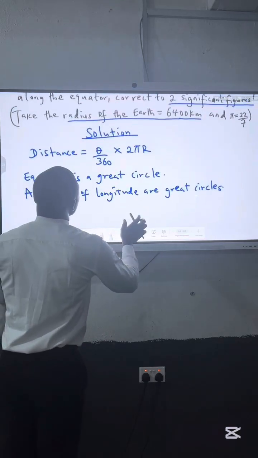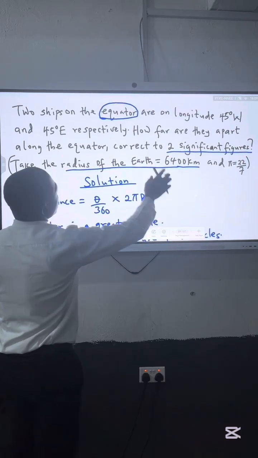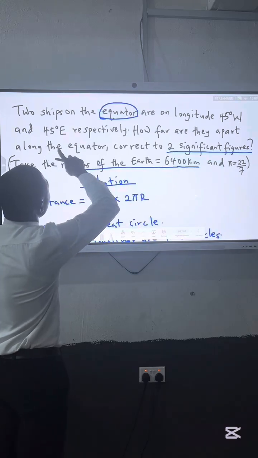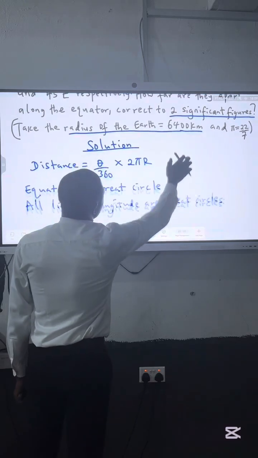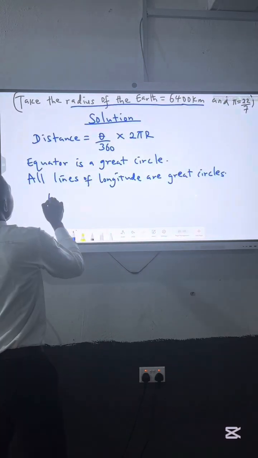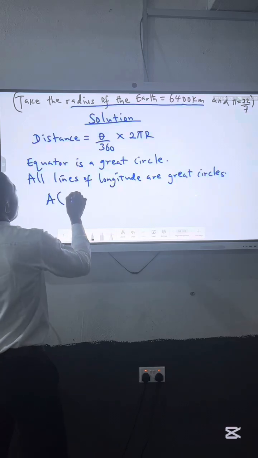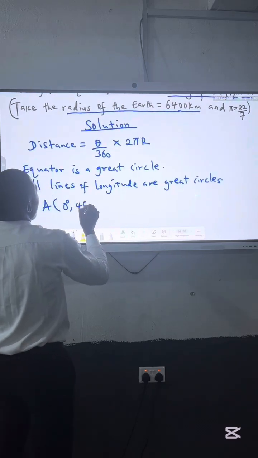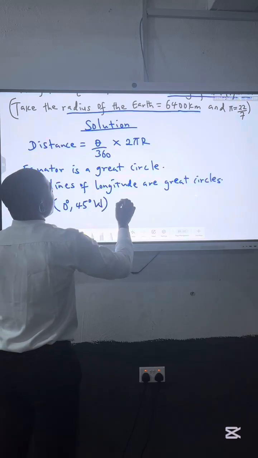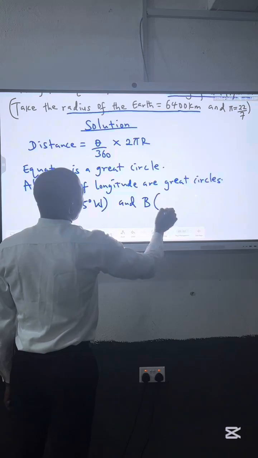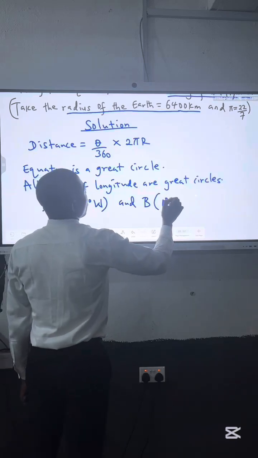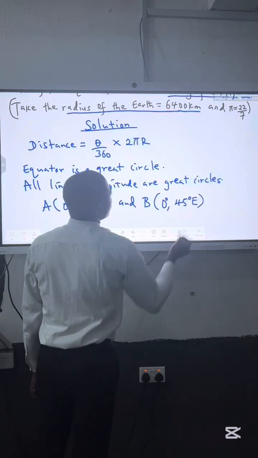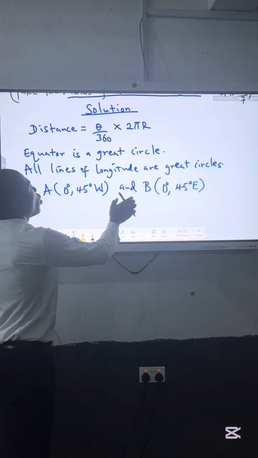So look at how we answer that question. We come back to the question: longitude 45 degrees west and 45 degrees east. We can represent the two ships like this. The first ship, A, is 0 degrees, 45 degrees west, and the second ship, B, is 0 degrees, 45 degrees east.